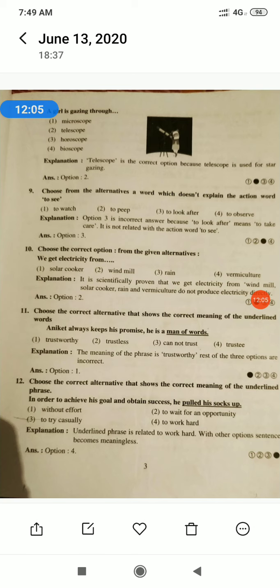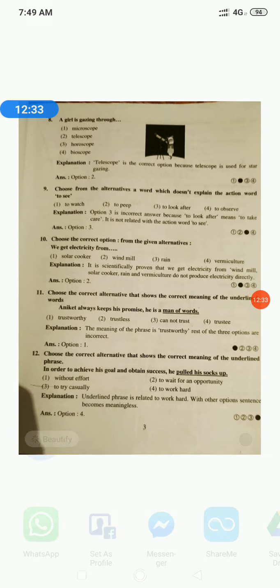That means he is loyal to trust. Others can trust him. That's why the option trustworthy is right. Trustless, cannot trust or trusty are incorrect for him.